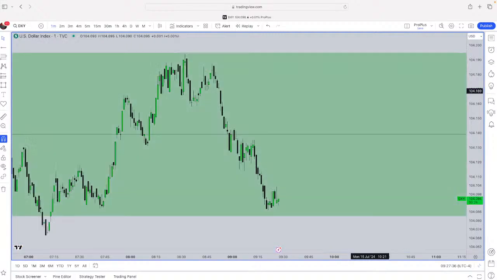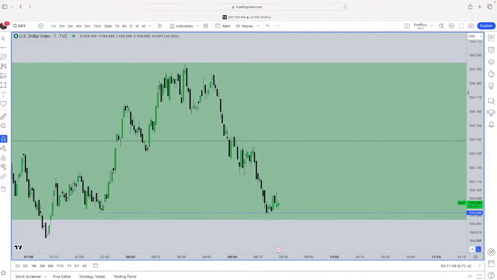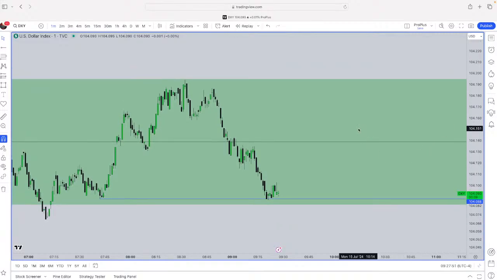What's the dollar saying? Dollar's taking a teeny bit of sell side here. Yeah, that's true.